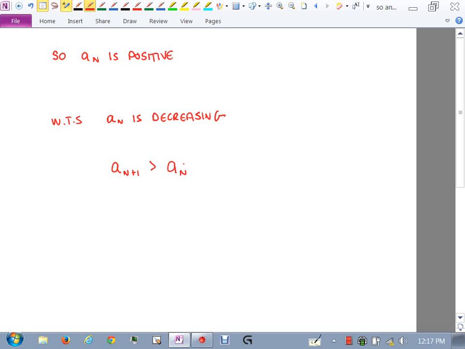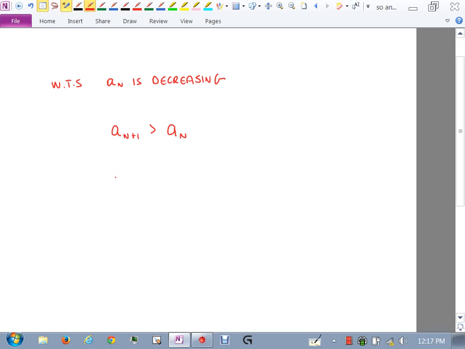All right, so this is how I show. So what is a sub n plus 1? If you did your homework for 8.1, you should have done a little bit of this. This would be the sequence with n plus 1 plugged in. And then comparing that to the sequence without anything plugged in, just n. Right? That's what I need to show is true.